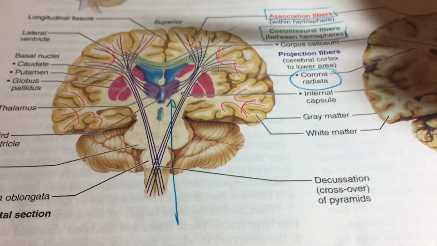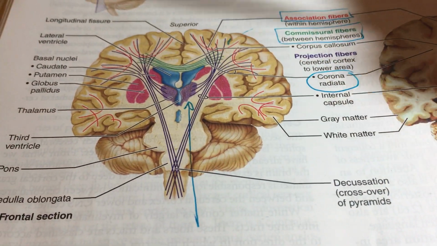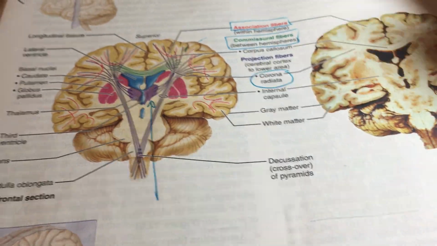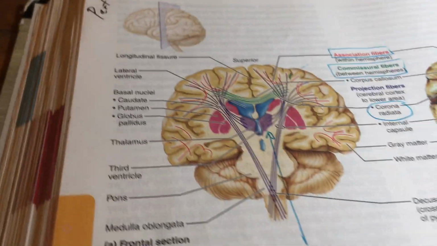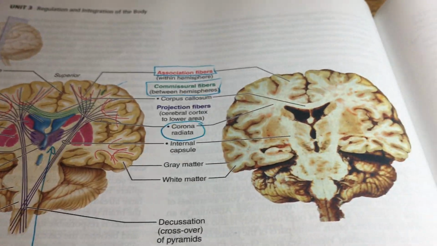Okay, we'll see more of them further along as we go, and sometimes they'll have formal names, and sometimes they'll be called nuclei, like the pontine nuclei, etc.